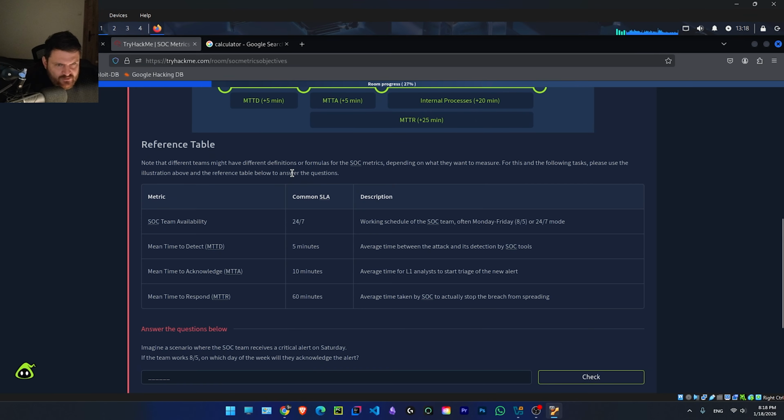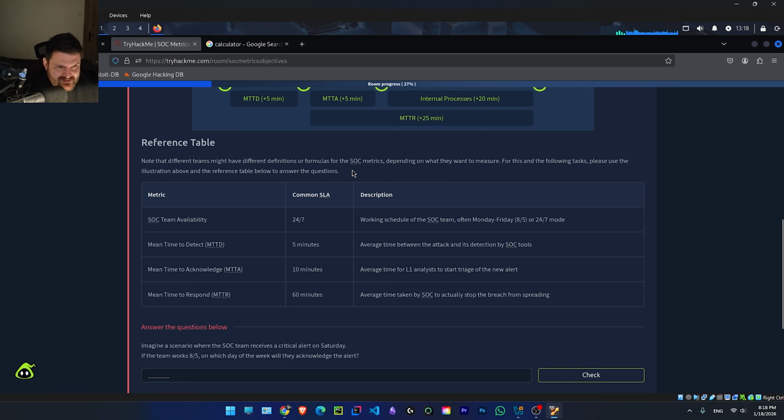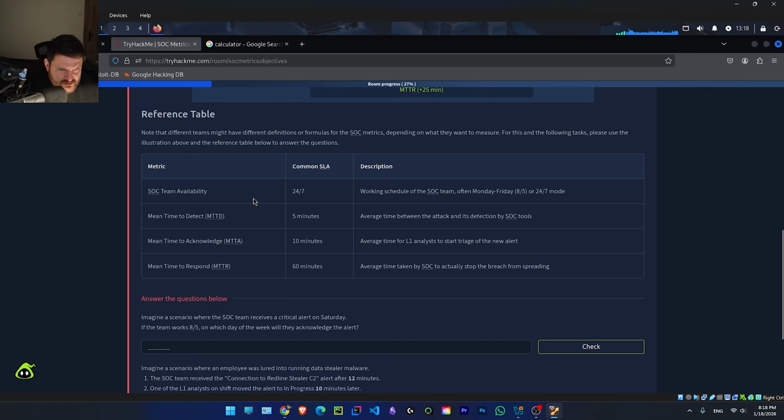Reference table. Note that different teams might have different definitions or formulas for the SOC metrics depending on what they want to measure. For this and for the following task, please use the illustration above and the reference table below to answer the questions. Metric: SOC team availability, 24/7, the working schedule of the SOC team, often Monday to Friday, 8 to 5, or 24/7 mode.